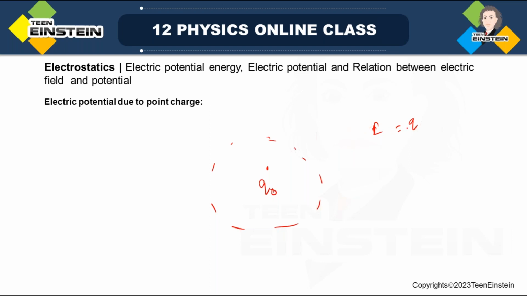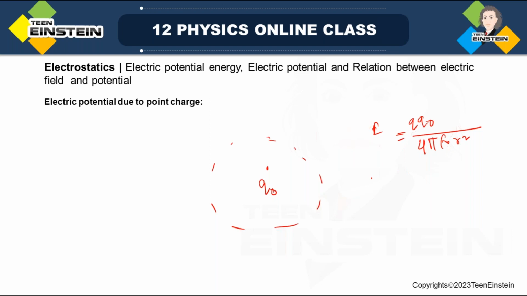We know that the electric field is Q naught at any point, so Q0 by 4 pi epsilon naught R square, this is the electric field.